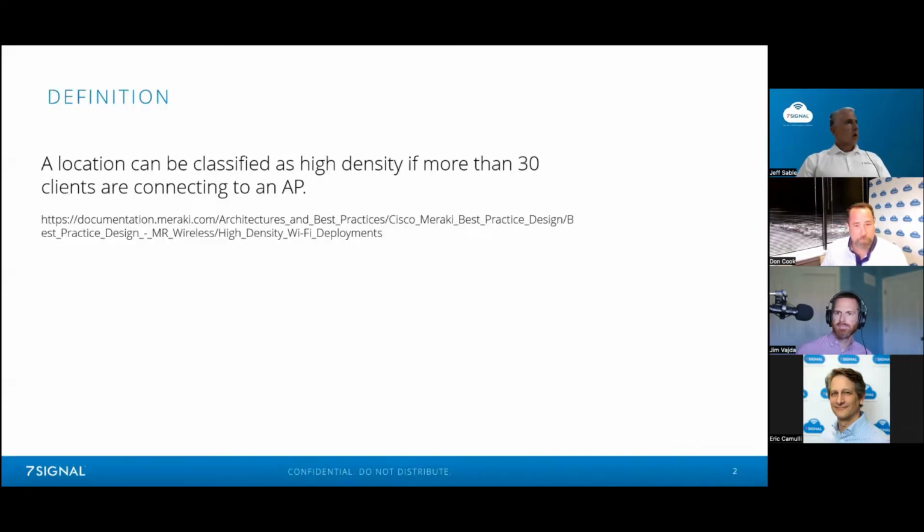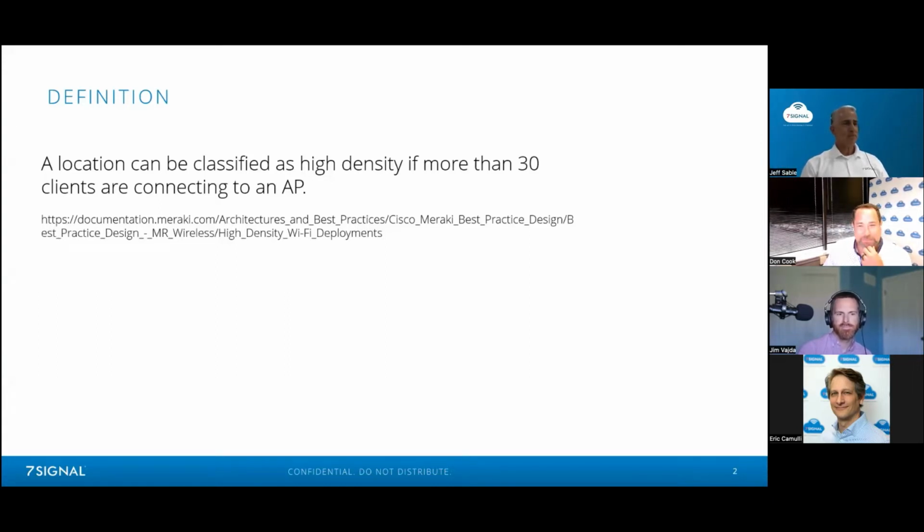And here we go. So welcome everyone, and here's the answer, right? By definition from the folks at Cisco Meraki, a location is classified as high density if more than 30 clients are connecting to an AP. And I think that's where the majority or the winning selection of answers was. That's right.